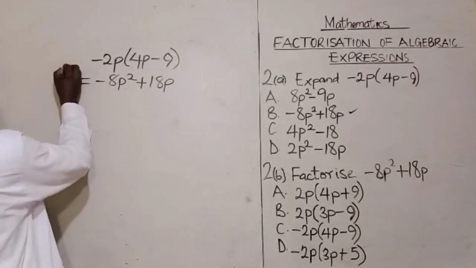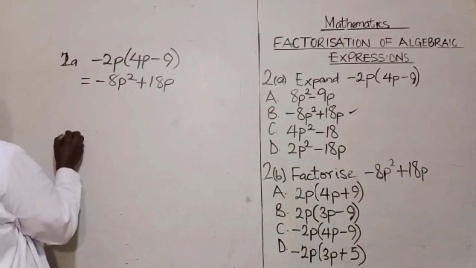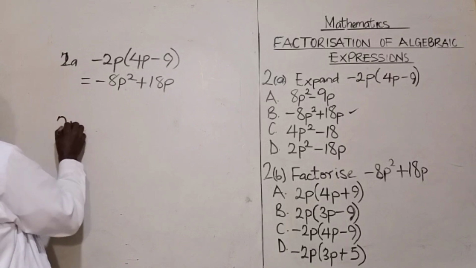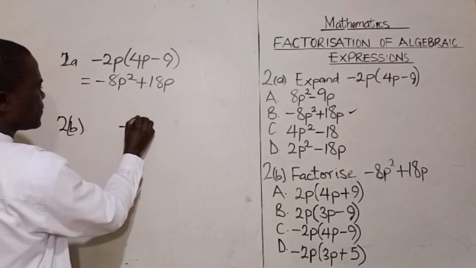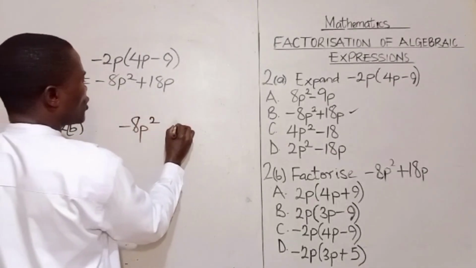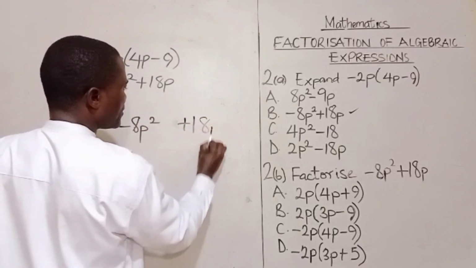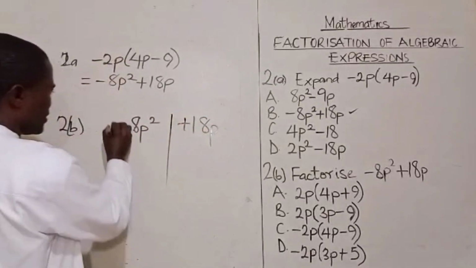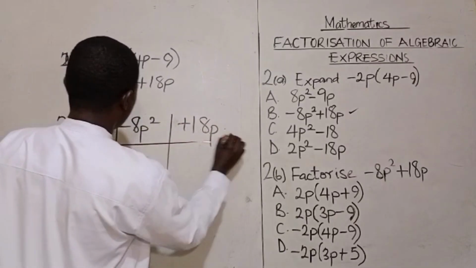For us to solve this B part of number 2, we are going to have what we call minus 8p squared. We'll take this term, minus 8p squared, then we'll also take plus 18p. So we have a vertical line drawn between them.